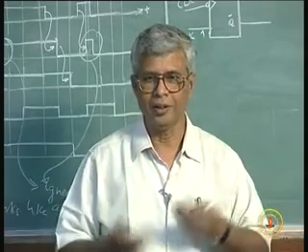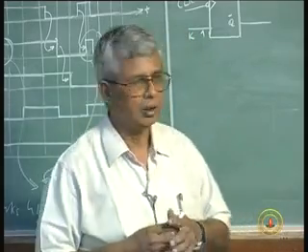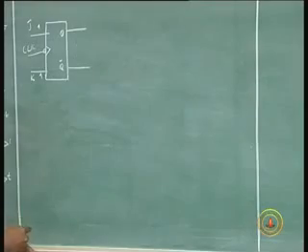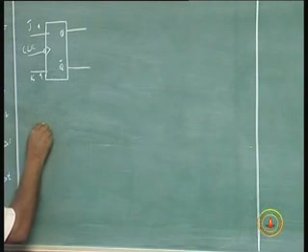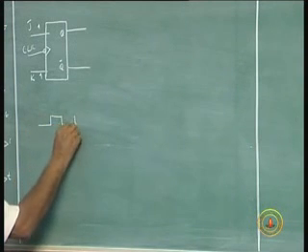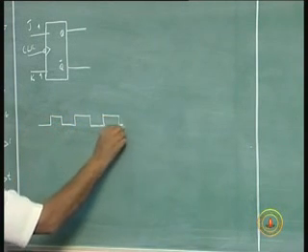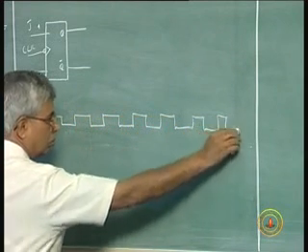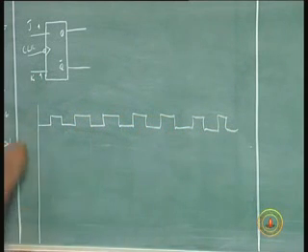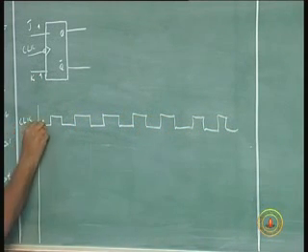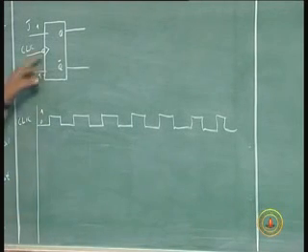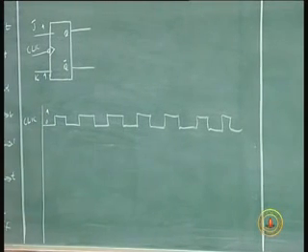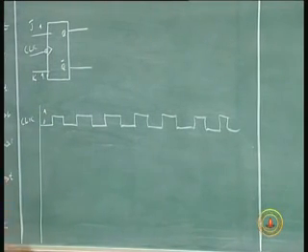Toggle mode, right? So this toggling action, I am going to draw a waveform, the clock waveform. Negative edge triggered or a master slave flip flop, it doesn't matter.